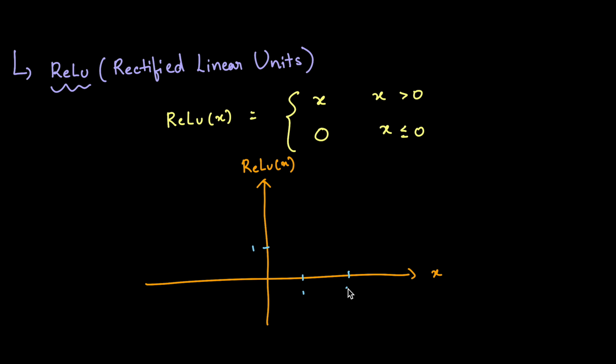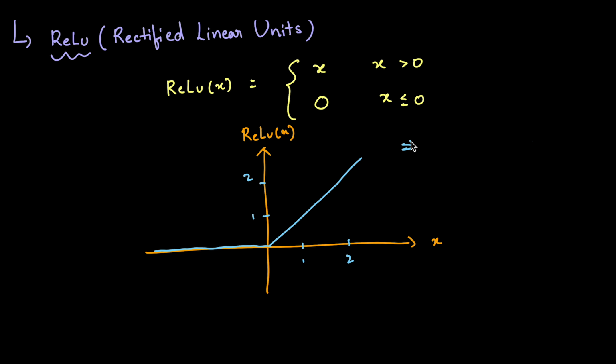But when x is less than or equal to 0, it will always be 0. So this will be my ReLU graph, and at 0, the ReLU function is not differentiable, and as it is only not differentiable at one point, we don't see it as a bigger problem. Okay, so this is about the ReLU activation function.